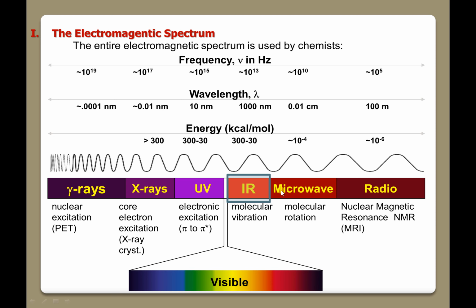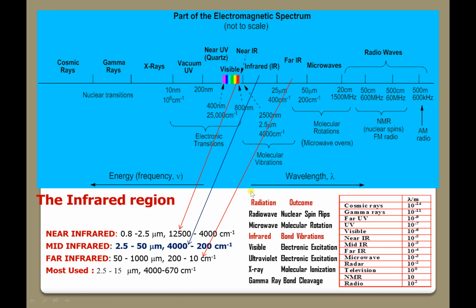So now we are talking about IR here, and this again has been nicely expanded to explain the electromagnetic spectrum in more detail. As we saw, we have got cosmic rays, gamma rays, X-rays. So these are all for nuclear transitions.